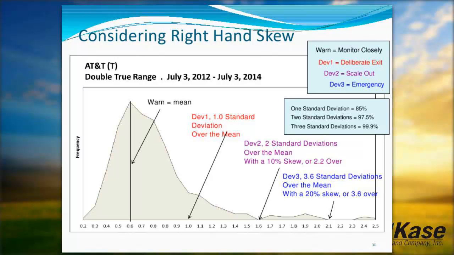So we use 2.2 standard deviations rather than 2. At 3 standard deviations, you correct by 20%. So you end up having a 3.6 standard deviations that equates to 3 standard deviations. It's not perfect because all the distributions are different across all different commodities and securities and everything else, but it's close enough to par. It gets you closer to what a true standard deviation would be.